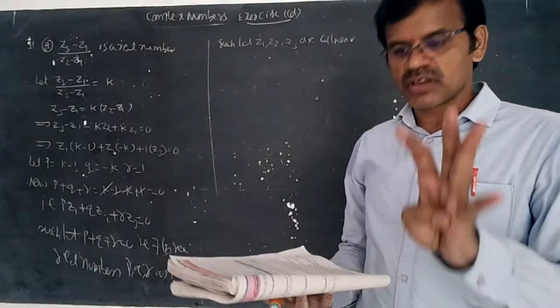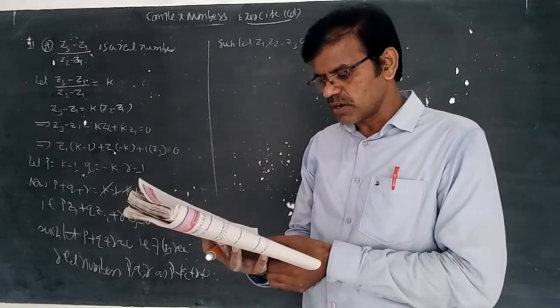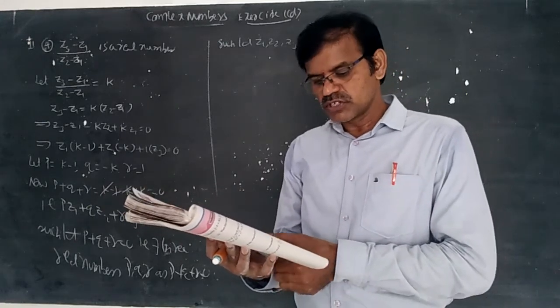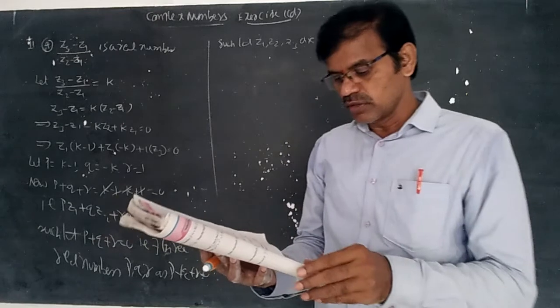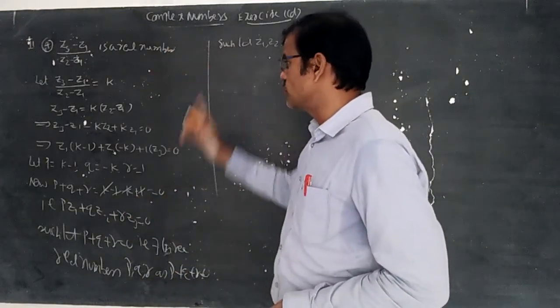Here he is asking about the fourth question, which I am discussing. Show that the points in the Argand diagram representing complex numbers Z1, Z2, Z3 are collinear if and only if there exist real numbers. I have taken Z1, Z2, Z3 to be collinear.